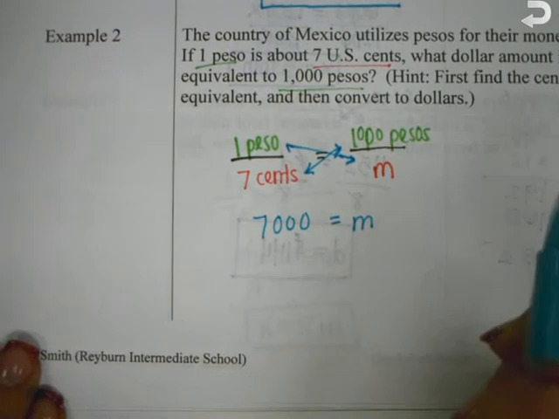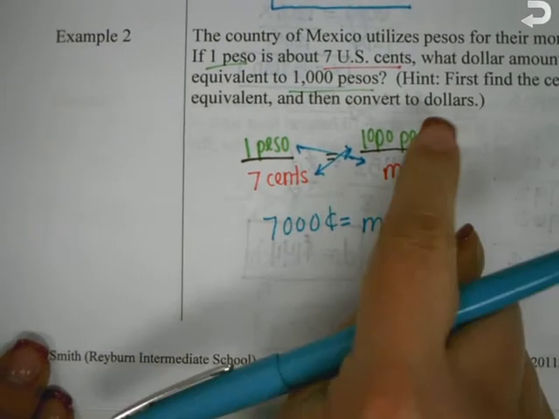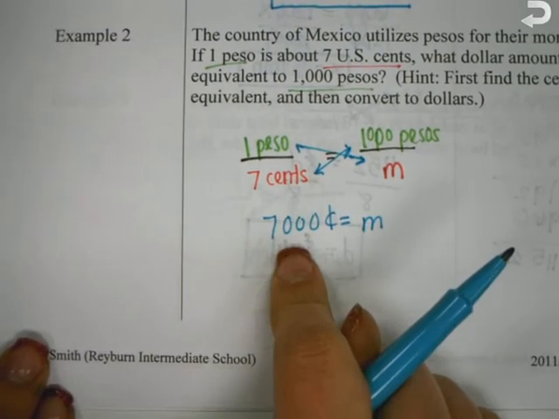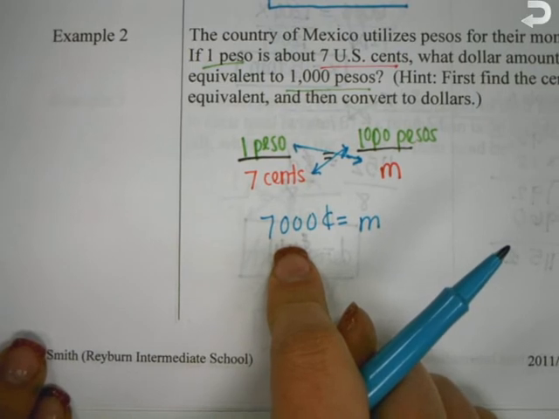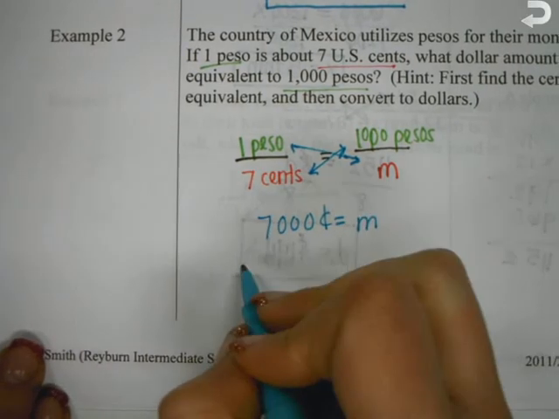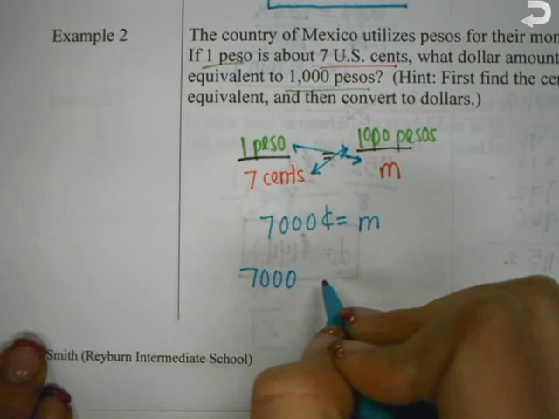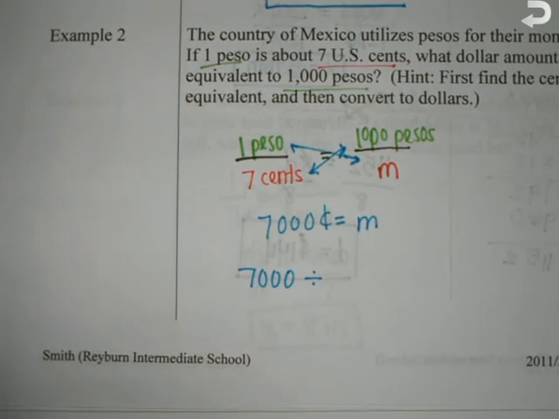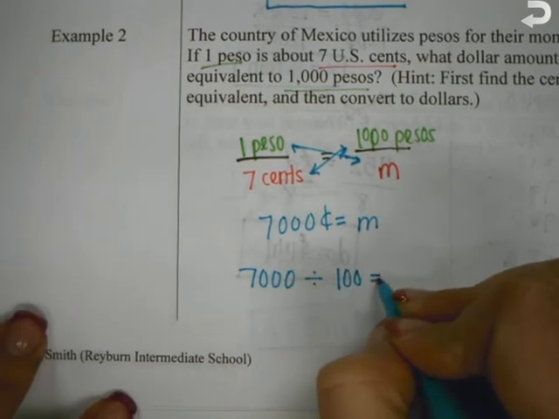But I want my answer in terms of dollars. So I have to take 7,000 cents and divide it by what? How many cents are in a dollar? 100. 7,000 divided by 100? $70.